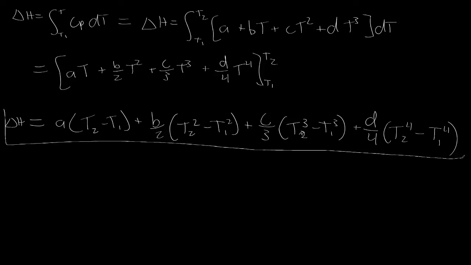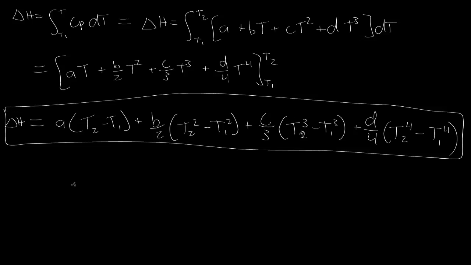And this is an equation that will be very commonly used when we don't assume that the specific heat is equal to a constant value. Now we can get delta U by just modifying it slightly. We'll say that A for delta U, and that is this A coefficient here, is equal to A for delta H, which is in the tables, minus R, and this is for an ideal gas.